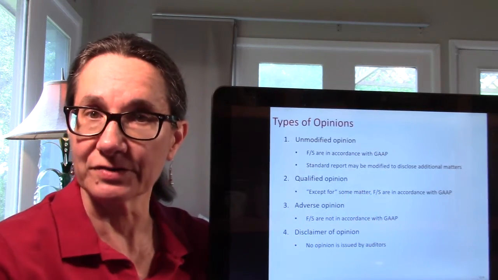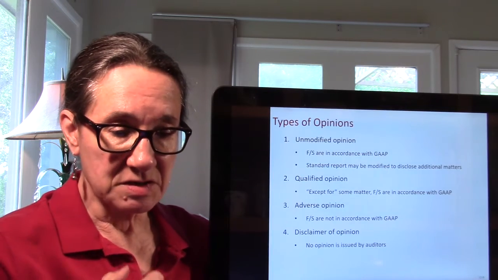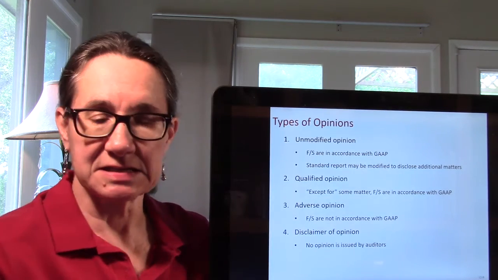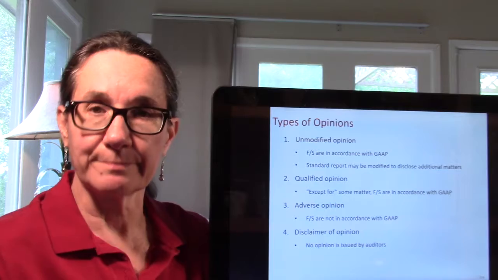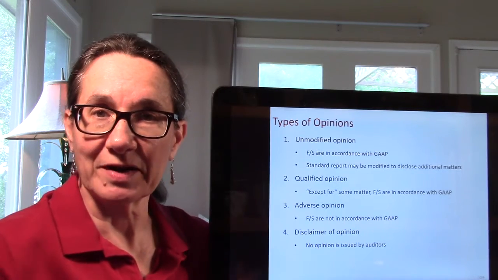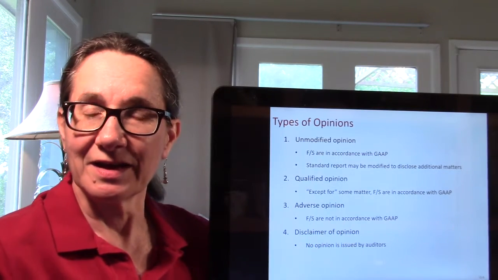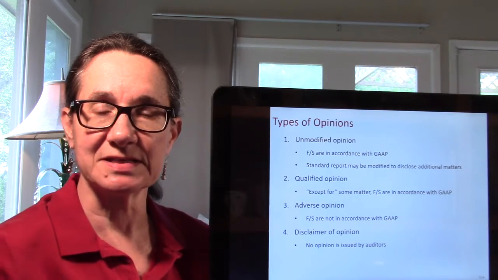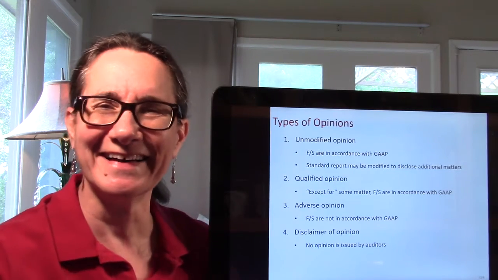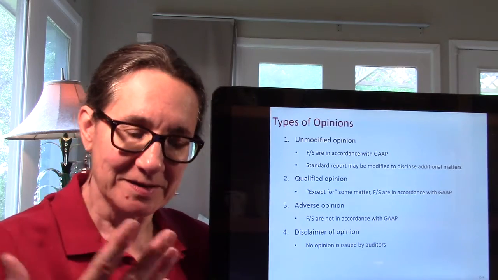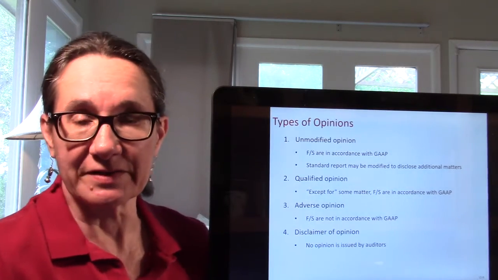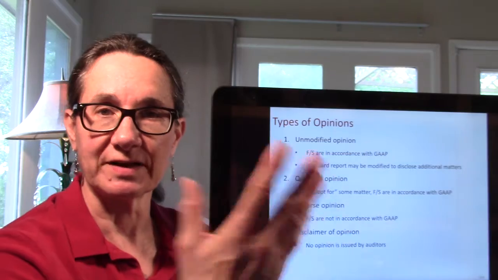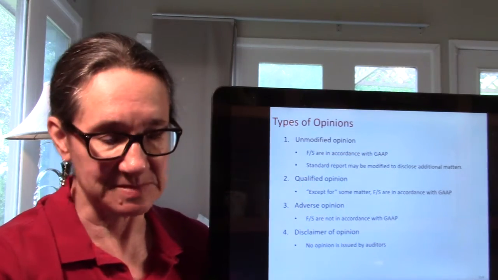These are bad financial statements. The reason you never see that is because you can't file them. Nobody will accept them. It's not like you go to the SEC on the due date for your financial statements and say, here they are, they're misstated. That doesn't happen. But you might give one as an auditor, and then they would have to redo their financial statements and get somebody else to audit them.